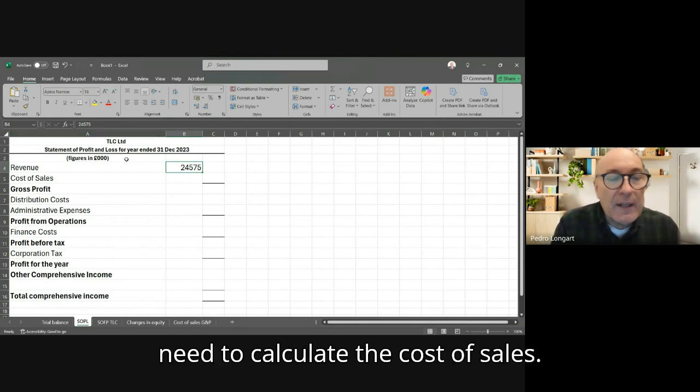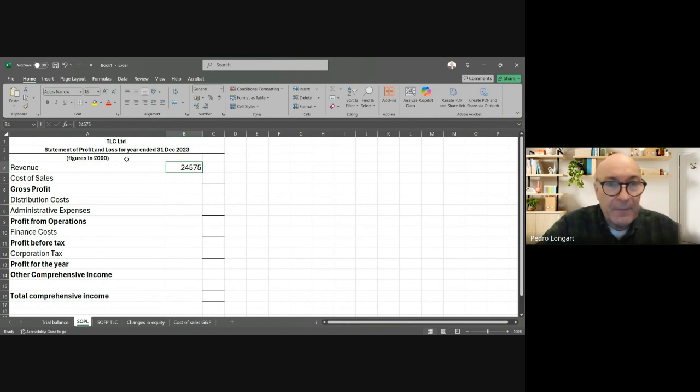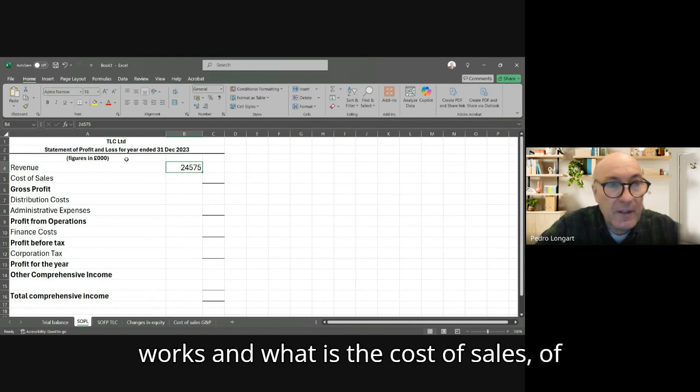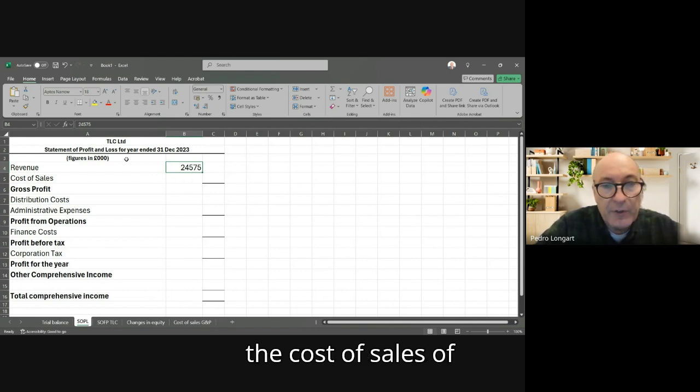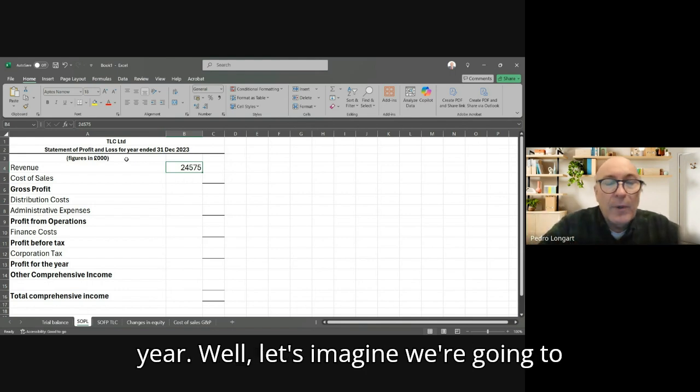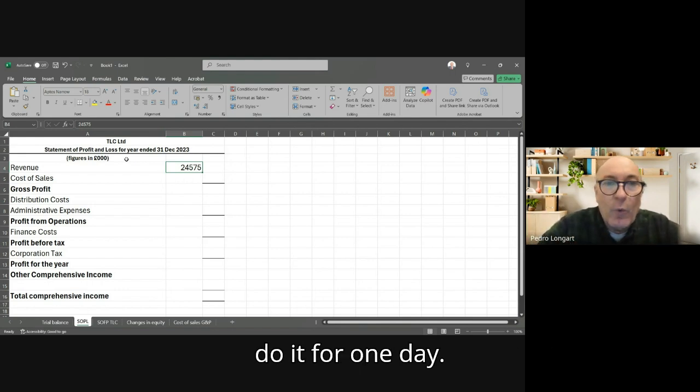Now I need to calculate the cost of sales. Let me explain how accounting works and what is the cost of sales, or cost of goods sold. So imagine, and this is done for the year, but let's imagine we're going to do it for one day.